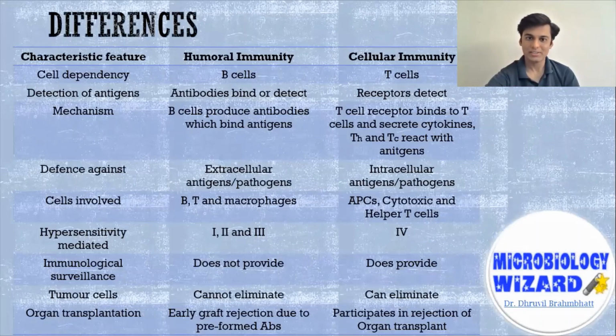Here, the distinct characteristic features between humoral-mediated immunity and cell-mediated immunity are differentiated on the basis of the following: cell dependency, detection of antigens, mechanism of action, defense against a variety of pathogens or antigens, cells involved, hypersensitivity mediated, immunological surveillance, the ability to eliminate tumor cells, and reaction against organ transplantation.